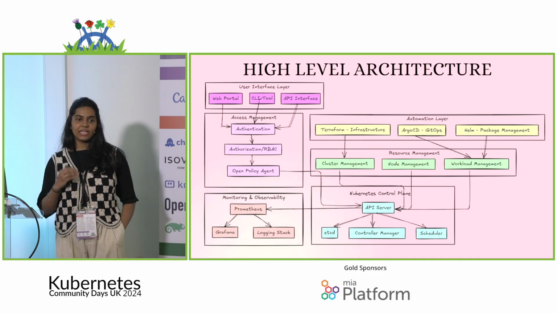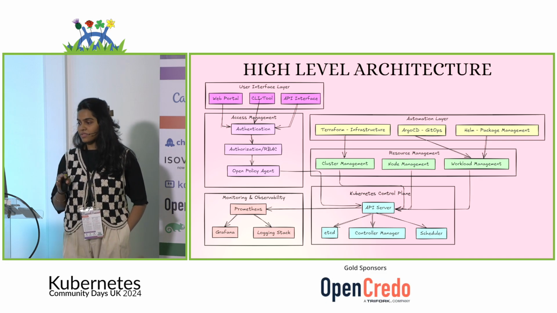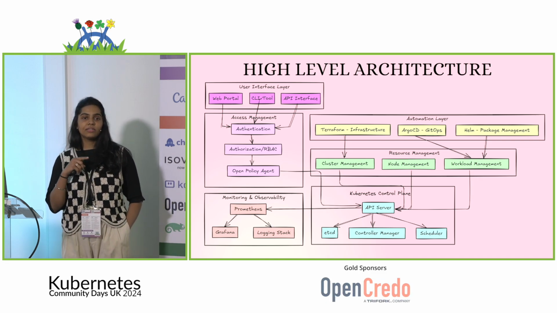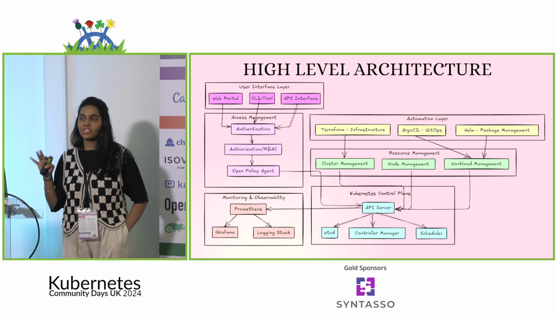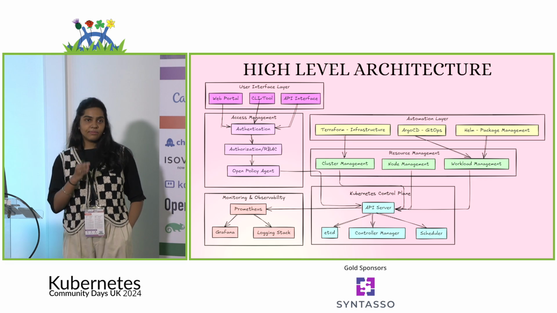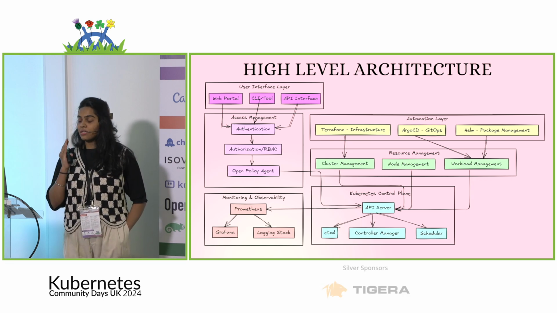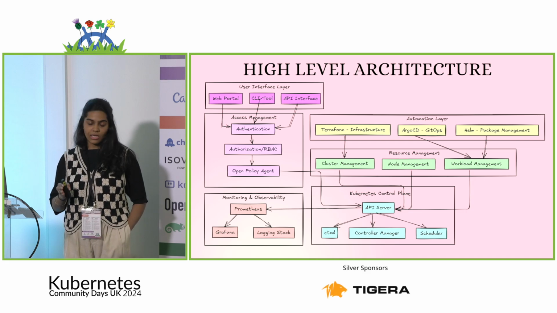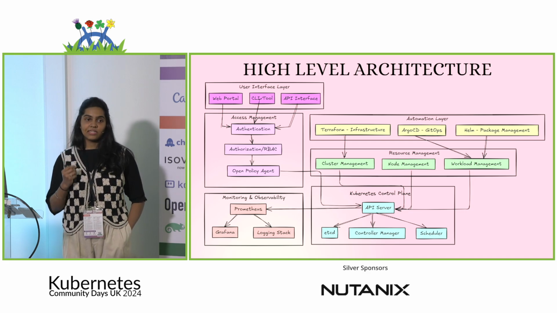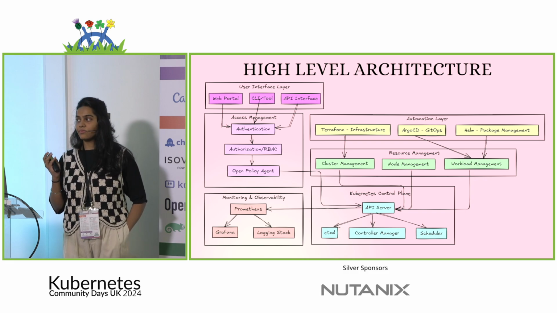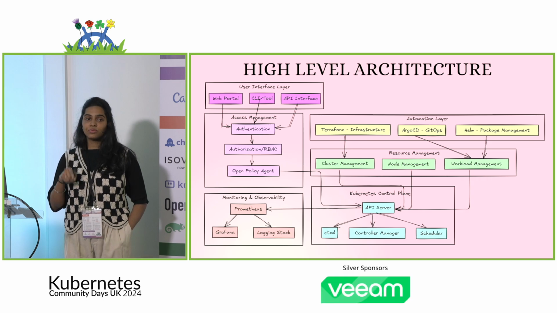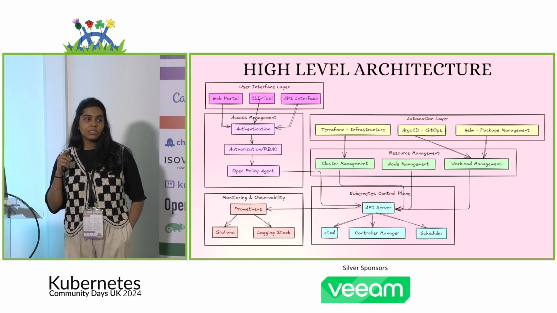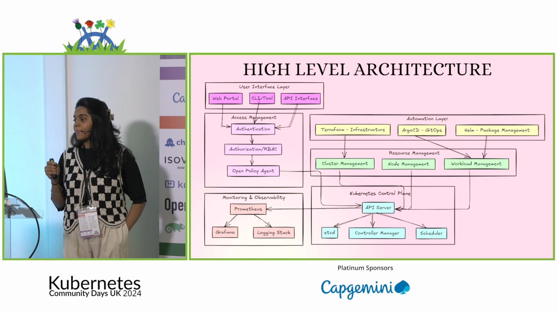So this is a high-level architecture of the self-service Kubernetes model. The UI layer is the interface with which the users interact. It can be a web portal, a CLI, or an API. Then comes the access management. As I said, with role-based access control, we have to check if that particular user is authorized to perform that action.